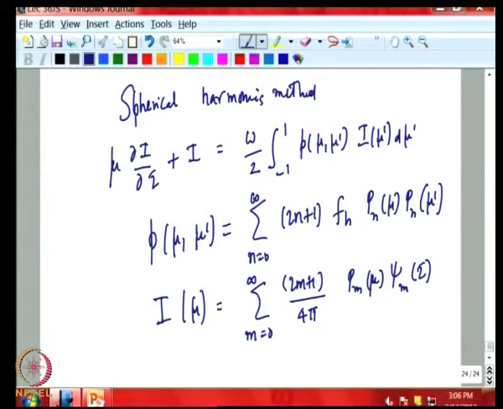The first approximation is the replacement of the complex phase function in terms of Legendre polynomials, and since these polynomials are used for a long time in many fields, one can be confident that if you choose a sufficient number of n values in this expansion, you can represent any real complex scattering phase function in terms of these Legendre polynomials.